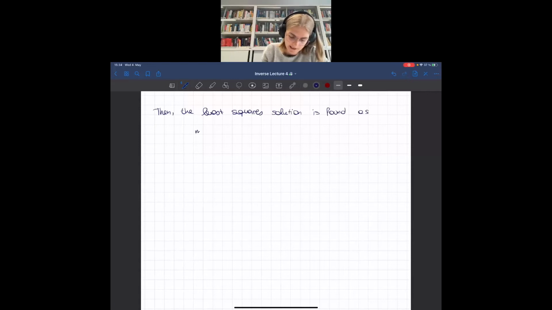And we find that the solution is G transpose G inverse, G transpose d, but there's already one restriction. Only if this thing here exists.